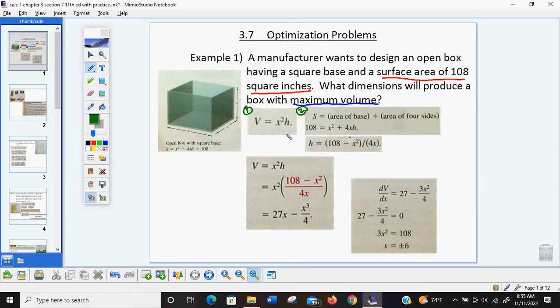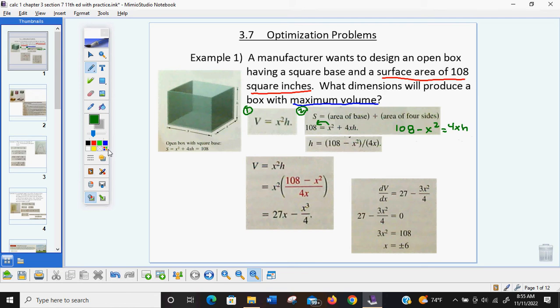Now, in order to solve this problem, we need to get our primary equation in terms of one variable. We don't want an X and an H. Let's do just an X. So let's get rid of the H. To do that, we're going to take this problem and solve it for H. We want to get H by itself. So the first thing I'm going to do is move this over, and I'm going to have 108 minus X squared equals 4XH.